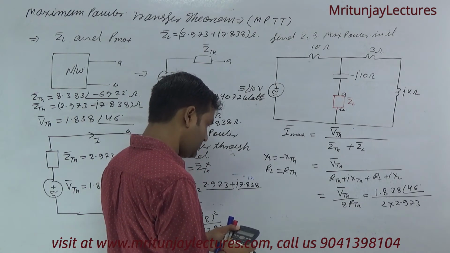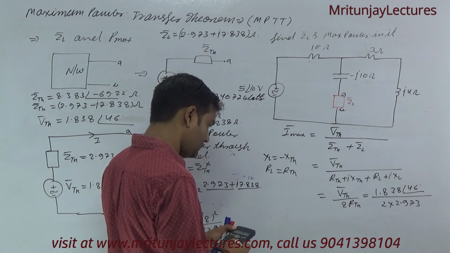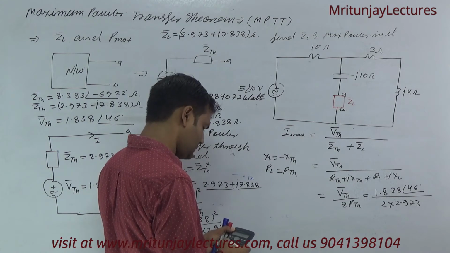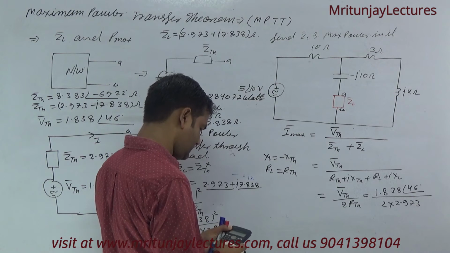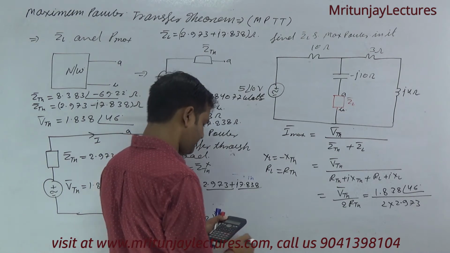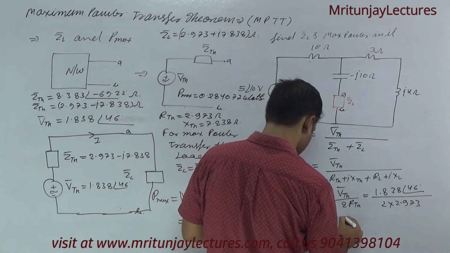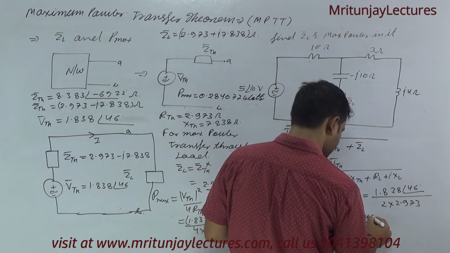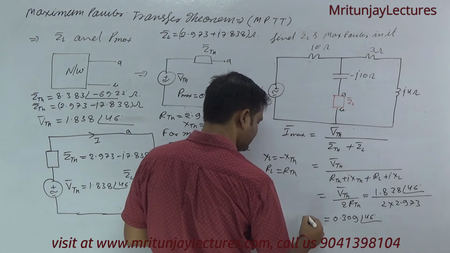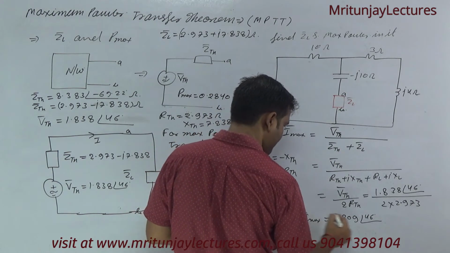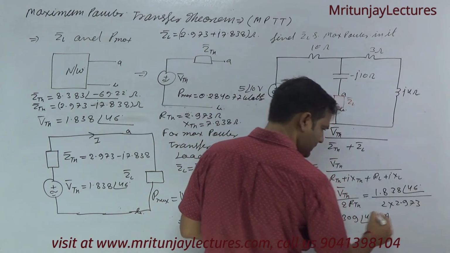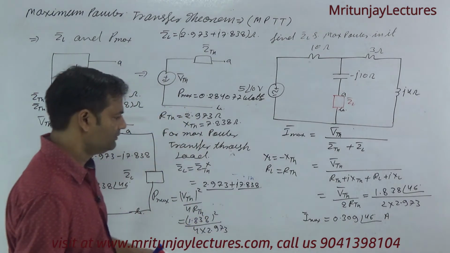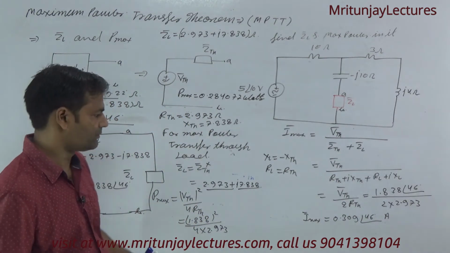Now 1.838 divided by 2.973, like this one, divided by 2. Okay, so that is 0.309 at the angle 46 degree. That is I max. Okay, that is I max. Clear or not?